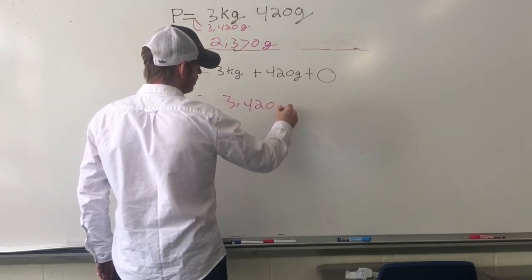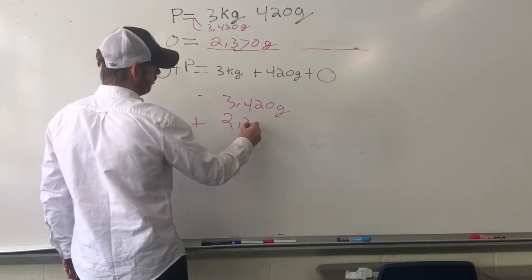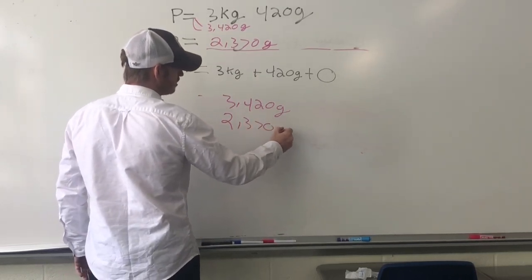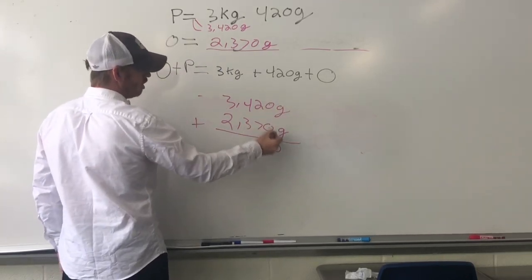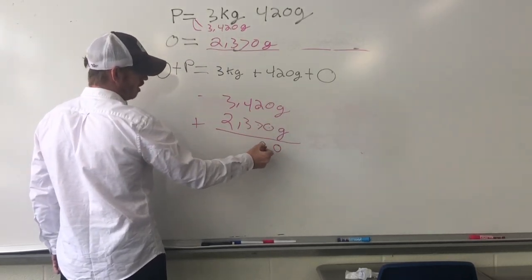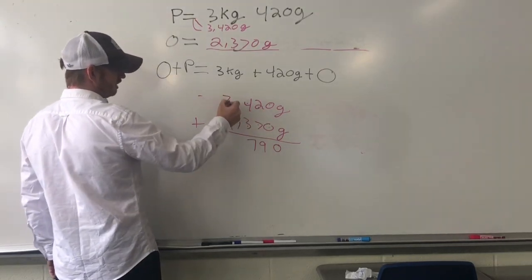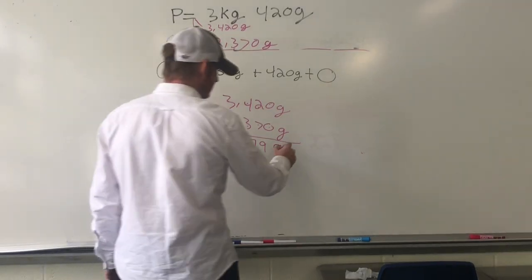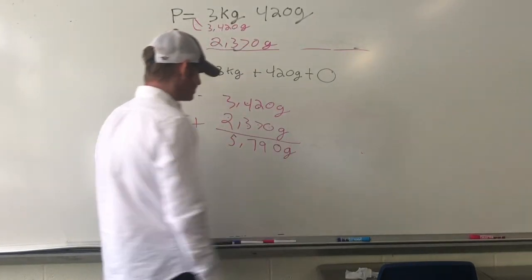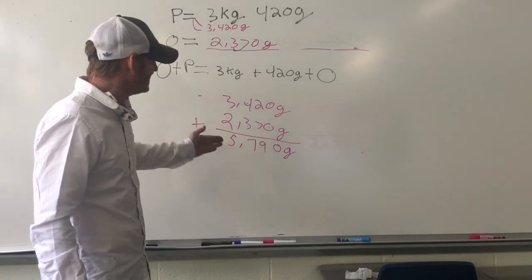3,420 grams plus 2,370 grams. 0 plus 0, 2 plus 7, 4 plus 3, 3 plus 2. 5,790 grams. And that could be your final answer, or we could reconvert it.